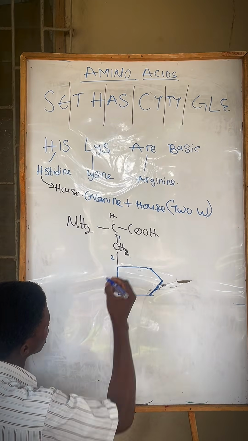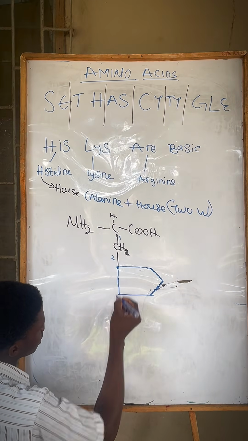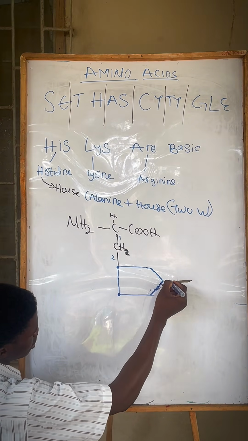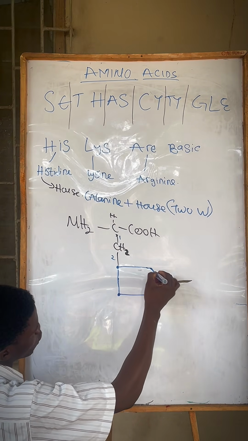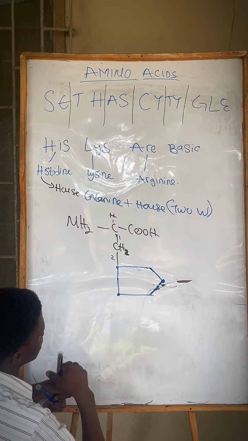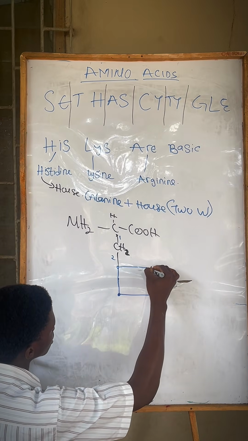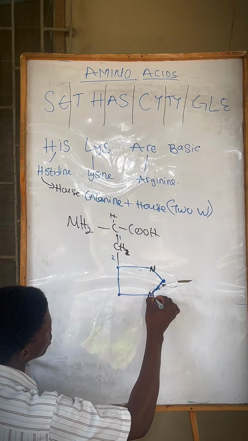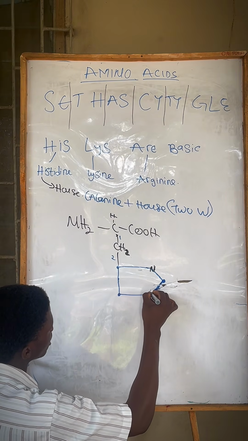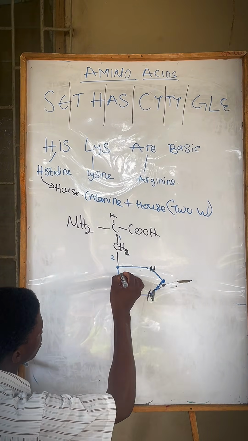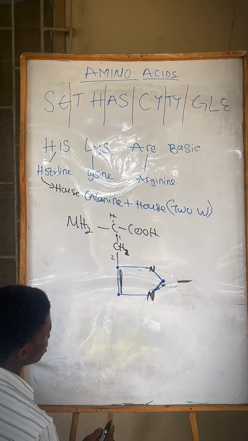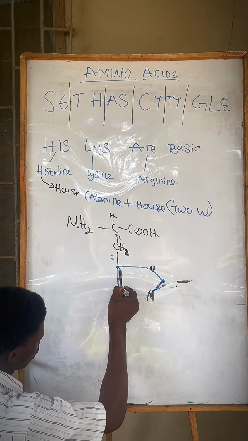Don't forget that there is a carbon here, but this is where you have your windows. Here you have a window, which is nitrogen. You also have a window here, which is nitrogen. So your house has 2 windows. Do you understand? This bond here, you have a door.